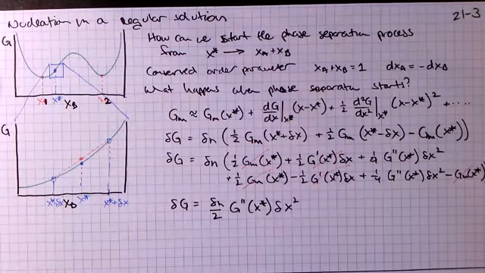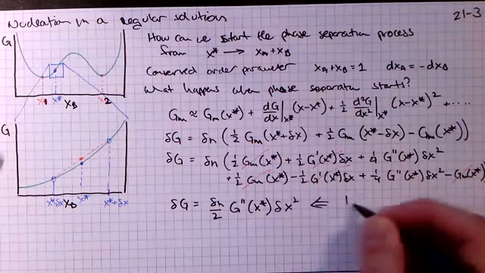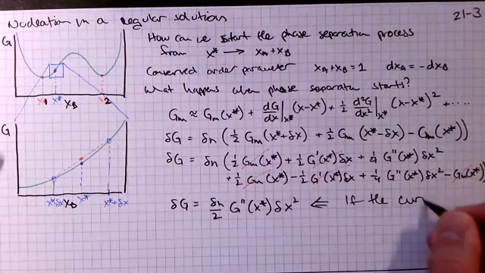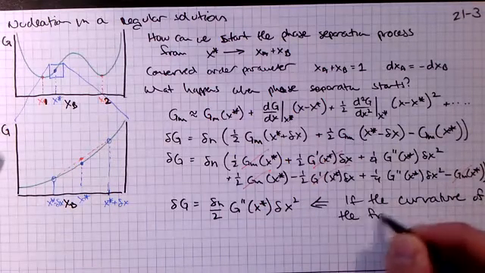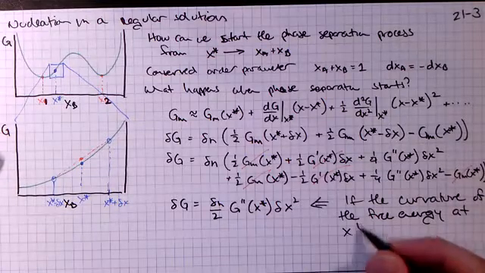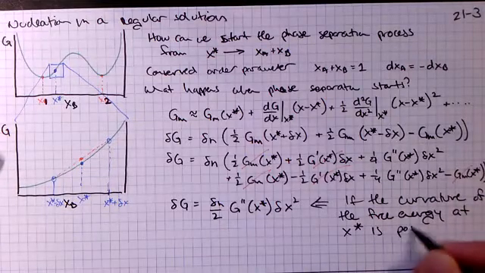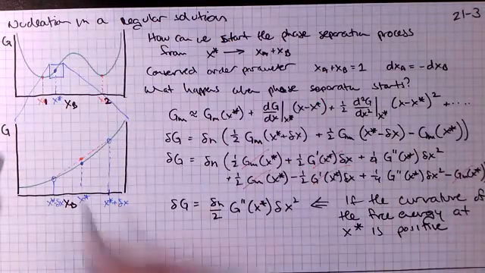So we can see that if the curvature of the free energy at X star is positive, then fluctuations are disfavored.